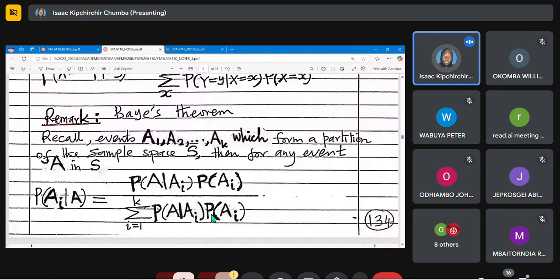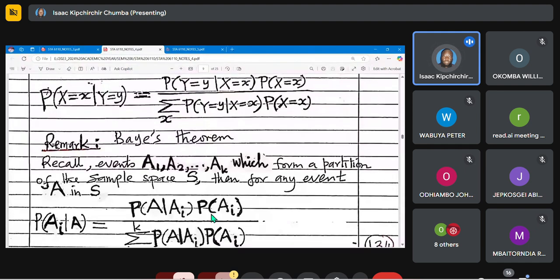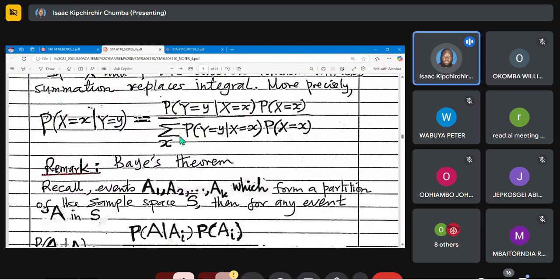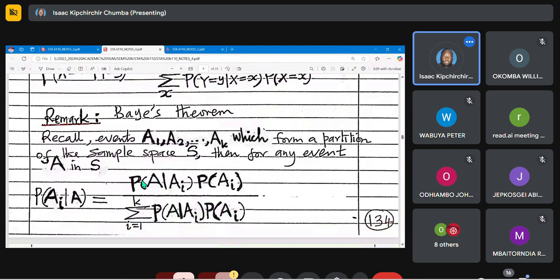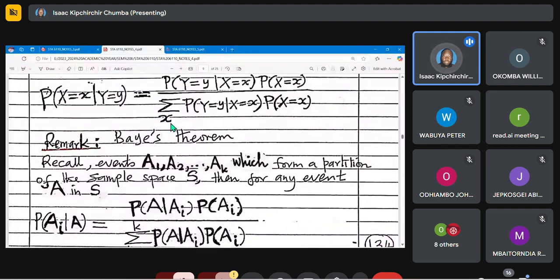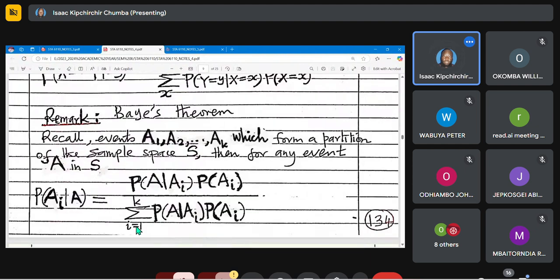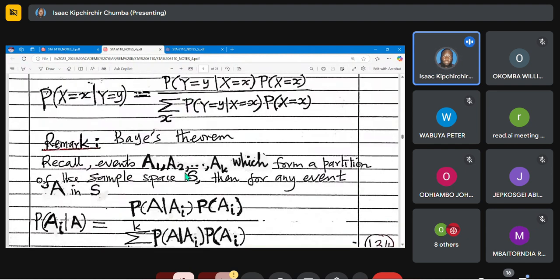You can see that resemblance. The conditional probabilities are what you have here, and these are actually the marginals. Before we were summing over x, and now we are summing over all the events. It is a resemblance of the Bayes theorem in terms of events.